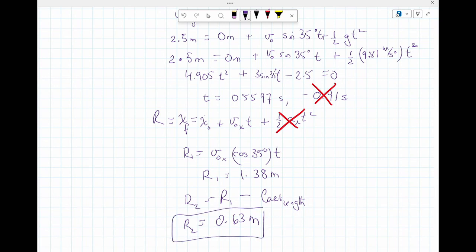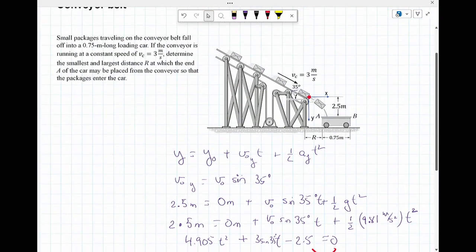So you can have a distance of either 0.63 meters or 1.38 meters, and the box will fall into the cart. And we often do this just to say, okay, look, the box can fall in on this end or on this end. And so if you want to cover all of those distances, you either want it to hit here or you want it to hit in B.